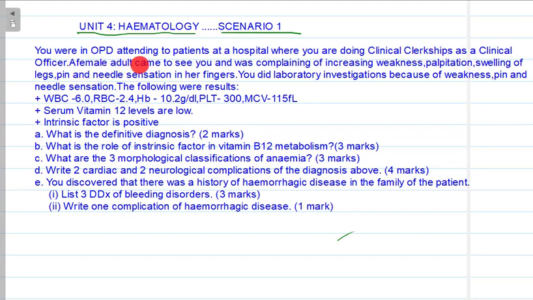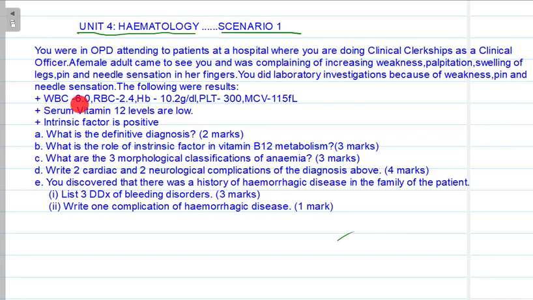A female adult came to see you and was complaining of increasing weakness, palpitation, swelling of legs, pins and needles sensation in her fingers. You did laboratory investigations because of weakness, pins and needles sensation. The following were the results.